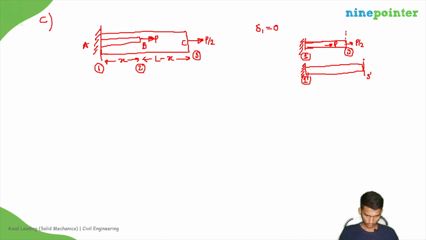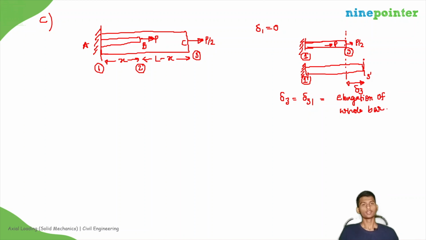So this is the movement of 3, right? So this is delta 3. That means delta 3 will be equal to delta 3 1, that means elongation of the whole bar, right? So we need to find out elongation of the whole bar.